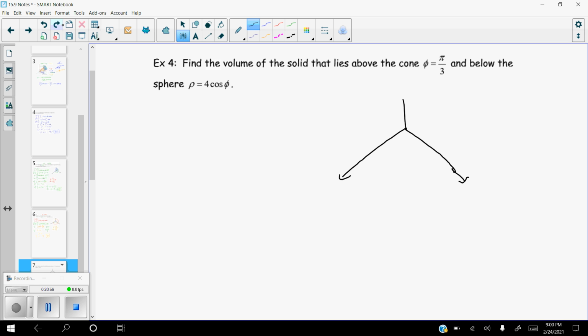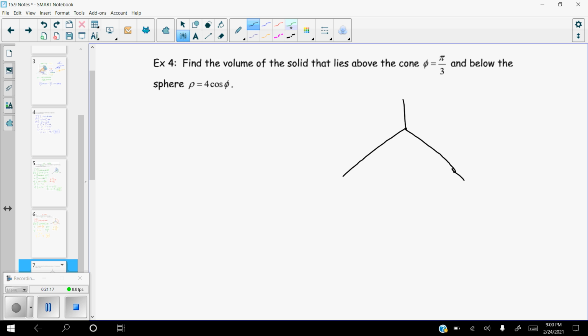All right, so let's go ahead and sketch this thing. So the sphere, rho equals 4 cosine of phi, is actually a sphere which sits up on top of the xy plane, and it's got a radius of 2.